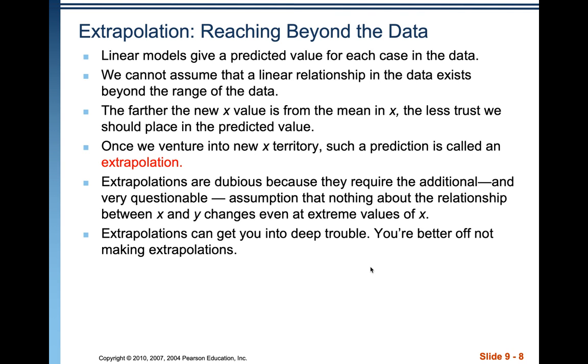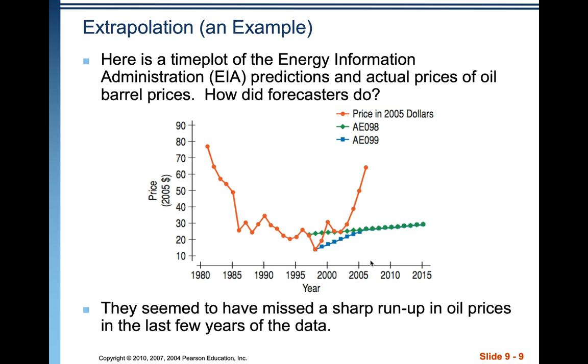Once we venture into new x territory, such a prediction is called extrapolation. Extrapolations are dubious because they require the additional and very questionable assumption that nothing about the relationship between x and y changes even at extreme values of x. Extrapolations can get you into deep trouble. You're just better off not making them.